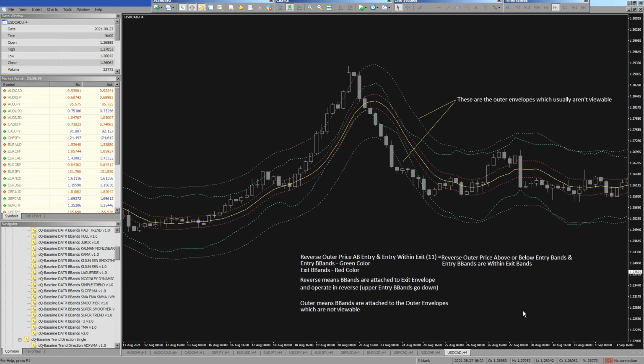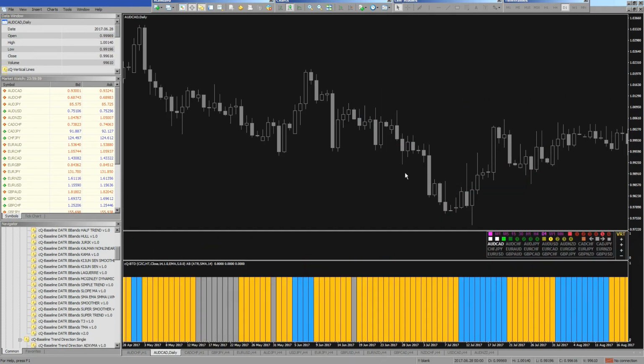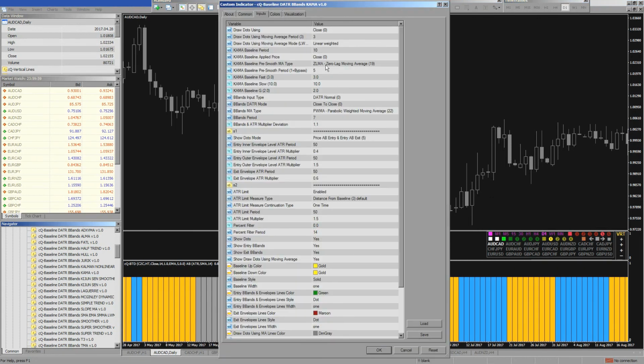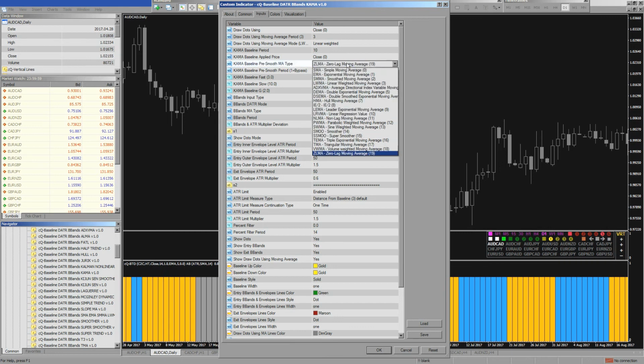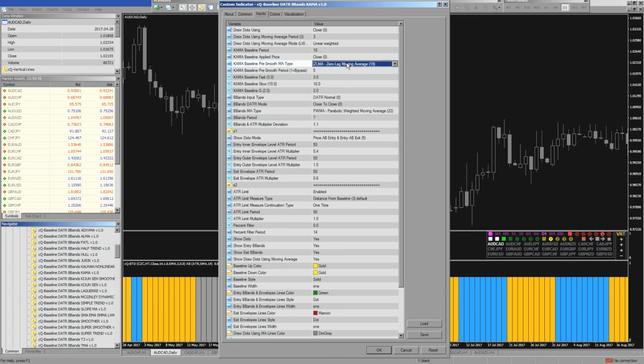So anyway, that is the modes, and we'll put a couple of these, which are the single, I'm just calling them the baseline DATR BBands single baseline indicators. I think currently there's 20. Tricolor. Because this one has, there's a few that have this pre-smooth, which is pretty interesting, and it does give you a lot of variation.